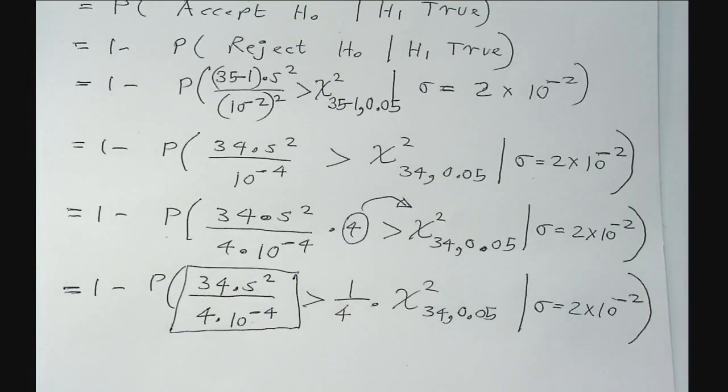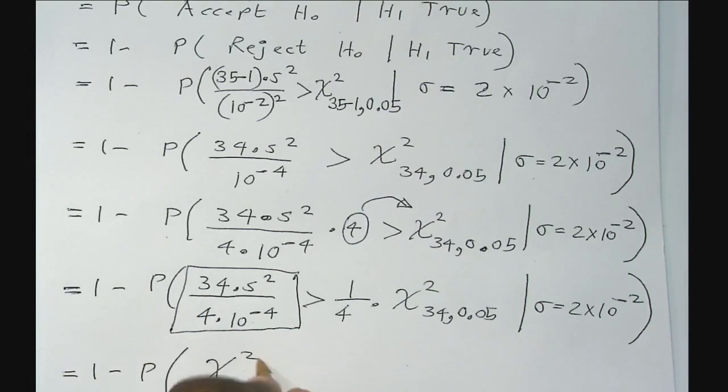What distribution does this have and why? This guy here, what distribution do you think it has and why? Chi-squared? Yeah, it's chi-squared with 34 degrees of freedom.